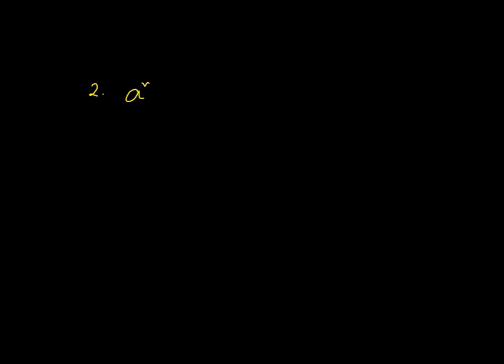If an exponent with base a and power m is divided by another exponent that is base a with power n, then we can again take the base as common and now the powers will be subtracted. a raised to the power m divided by a raised to the power n is equal to a raised to the power m minus n.